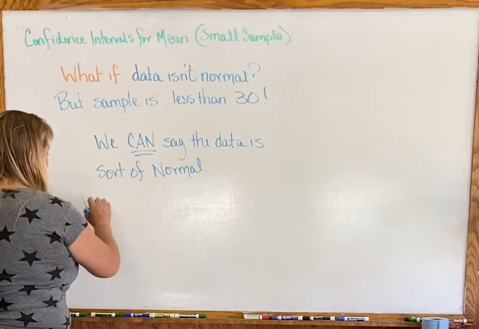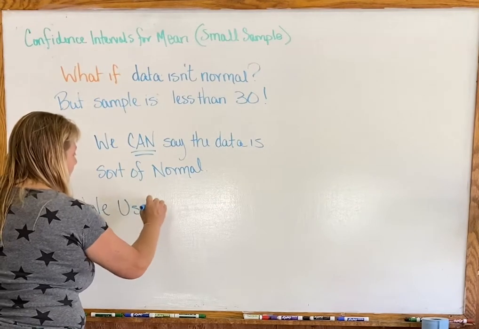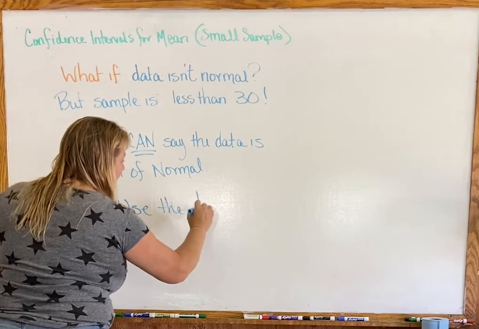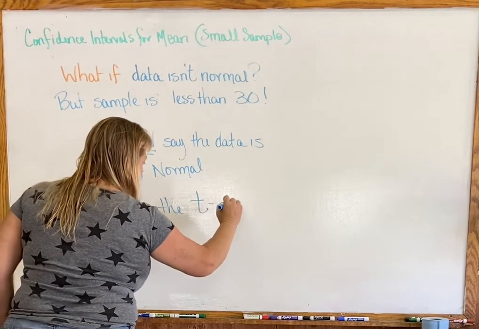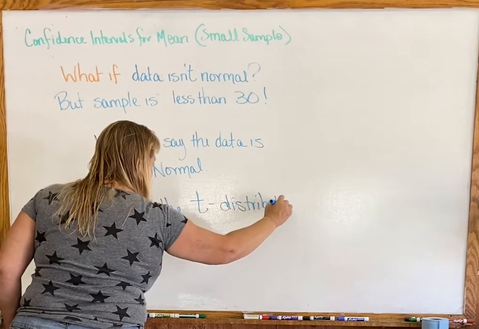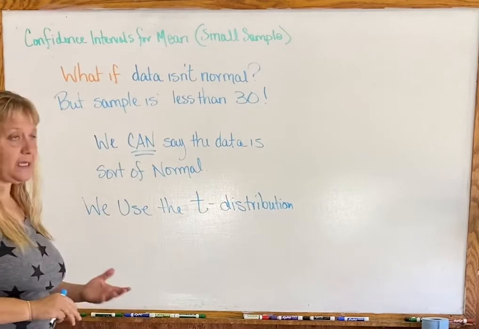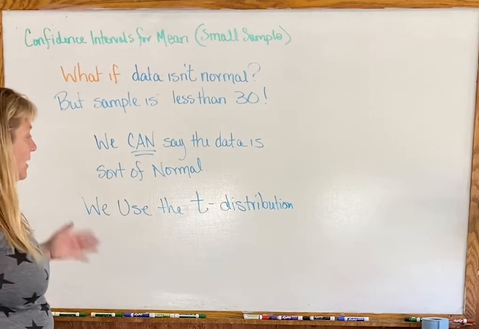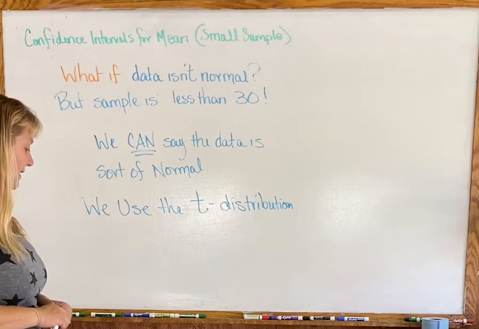So we use the t-distribution. And just to get in the habit, it's a lowercase t, okay? I don't know that it really matters, but the t-distribution is a lowercase t.